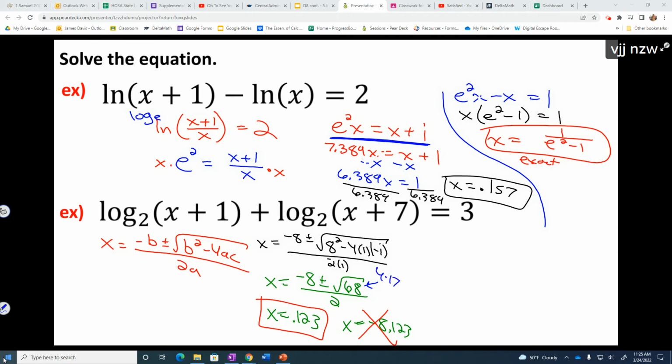So you can pull the 4 out and write this as 2 radical 17. So then this would be x equals -8 plus or minus 2 radical 17 over 2. And then you could do one better. Now since all of these have a factor of 2, you could then write this as -4.